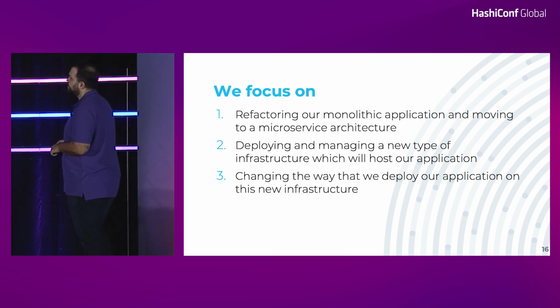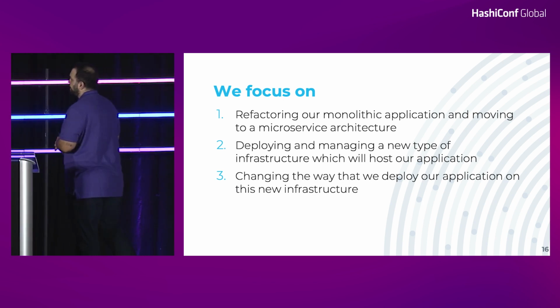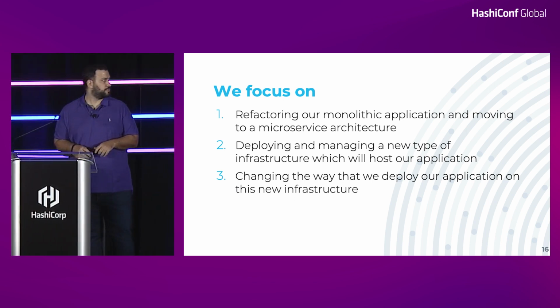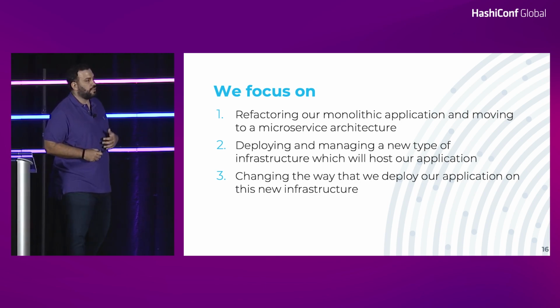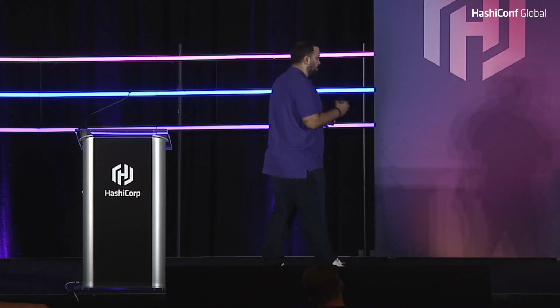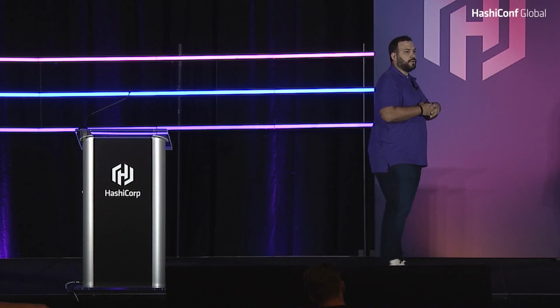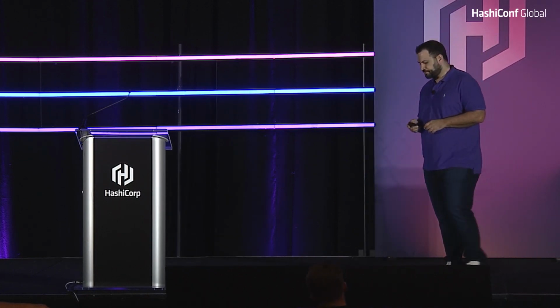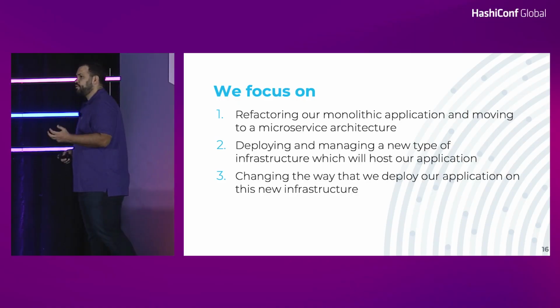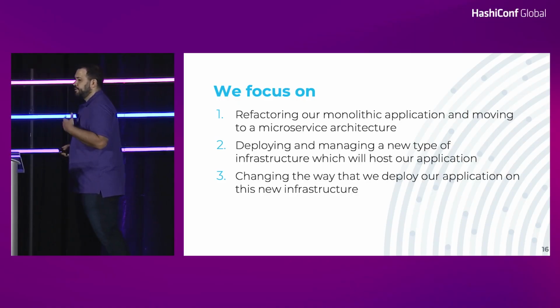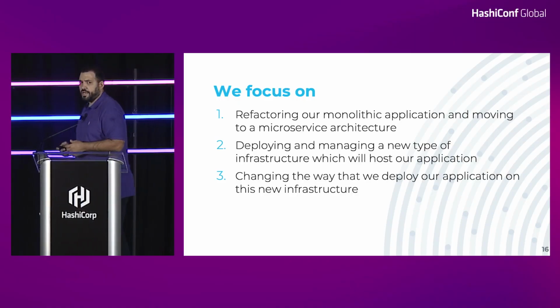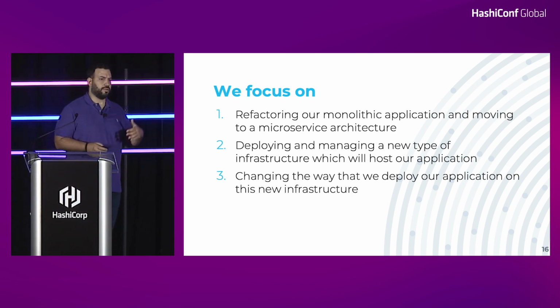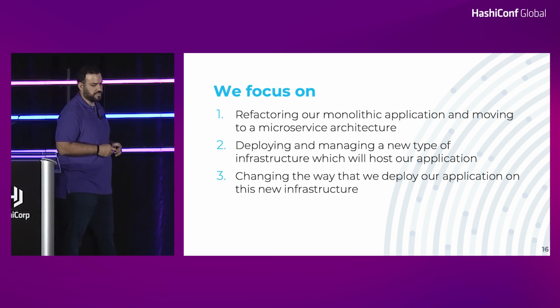The second phase is going to be about deploying and managing a new type of infrastructure which will host our application. So it's going to be about how we can easily deploy and manage Kubernetes clusters in a multi-cloud environment. And then finally, we have the new application, we have the new environment. In the third phase, we're going to see how we can easily deploy this without adding an extra burden in the development teams.